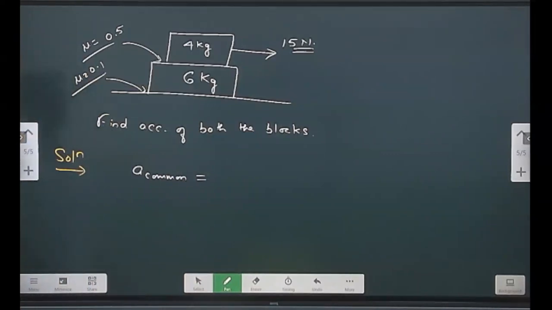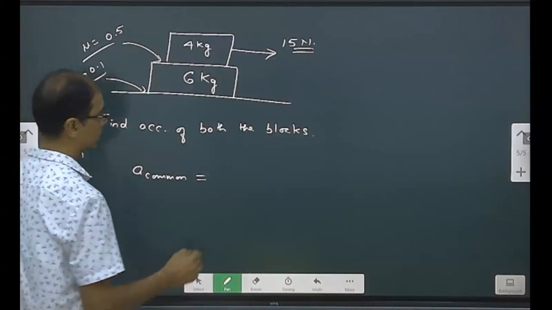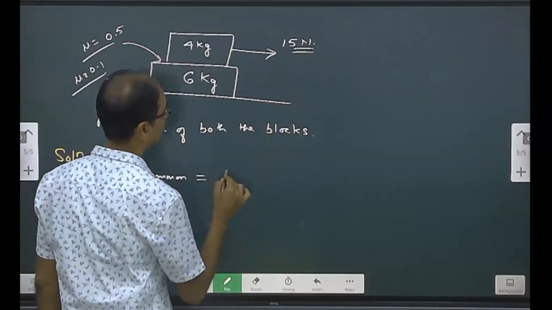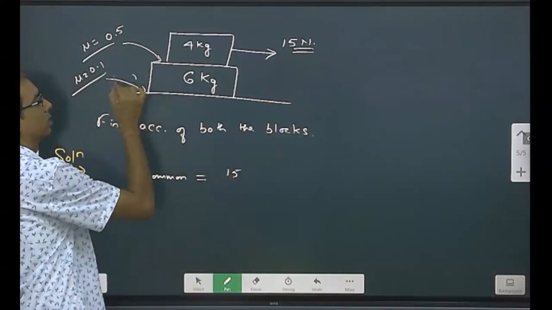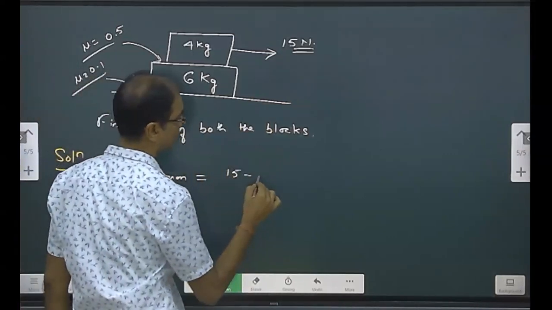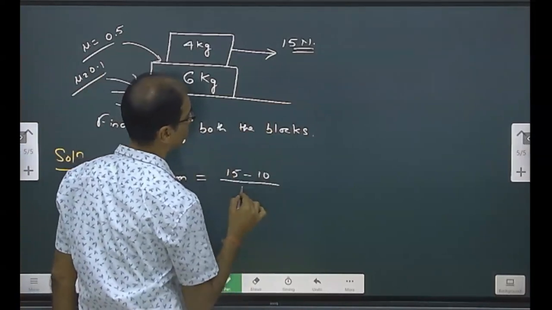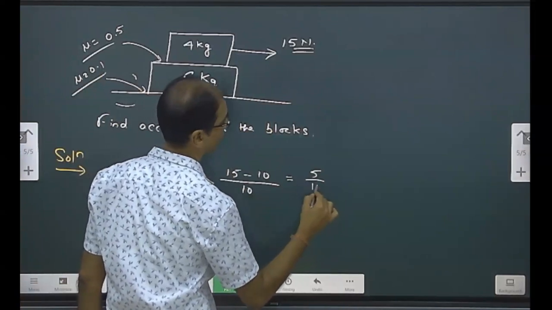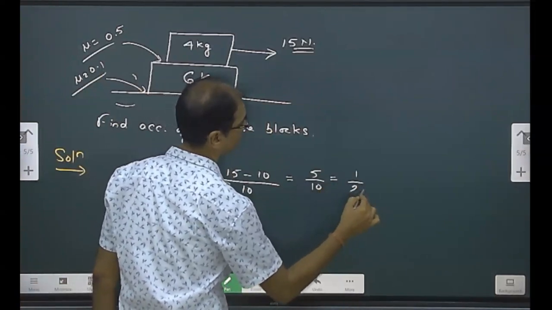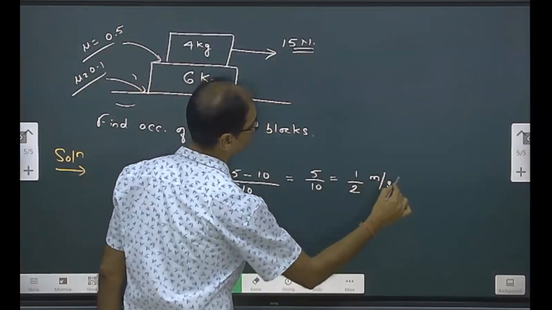What is common acceleration? Come on. 0.5, sir. Yes. This is 15 minus this friction here, which is 10, by the total mass, which is 10. That's 5/10, 1/2. So common acceleration is 1/2 meter per second square.